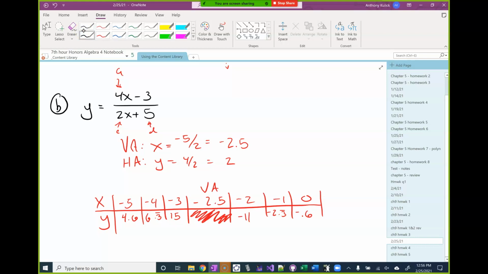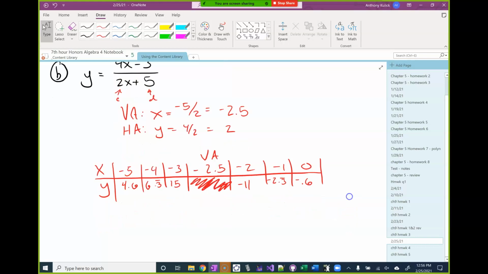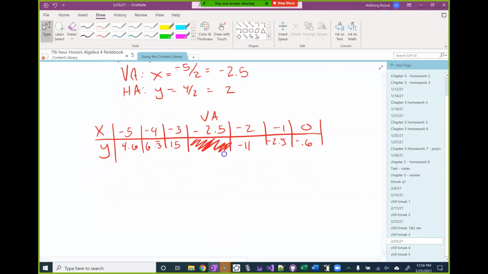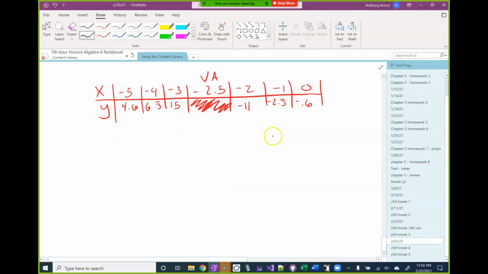Okay, then draw our graph here. Kind of big. I have to go all the way up to 15 and all the way down to 11. So I'm going to go by 2s on the y-axis. So 2, 4, 6, 8, 10, 12. And then 2, 4, 6, 8, 10, 12.